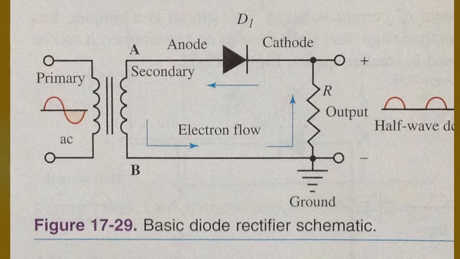When changing an AC signal to DC, there are two types of rectification: half-wave rectification and full-wave rectification. With half-wave rectification, only half of the input signal passes through the rectifier. With the full-wave rectifier, the entire input wave is passed through.